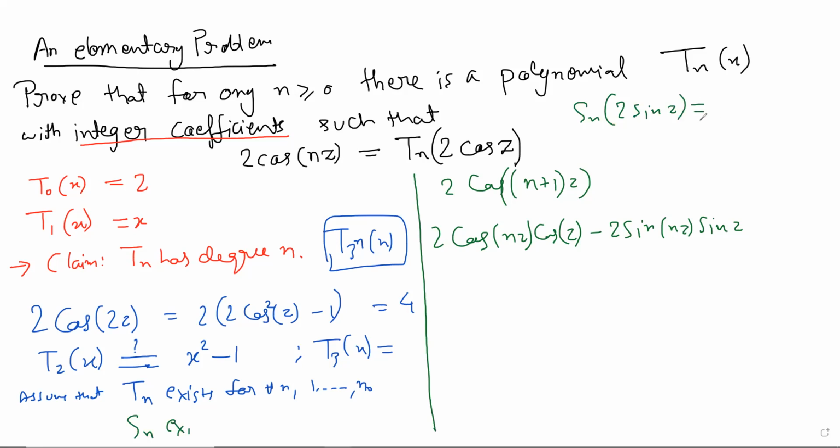This is a very interesting way to do this. Usually the stronger assumption you make will actually help you. So Sn exists for all, like this, right? So maybe I should put n naught plus 1, right?